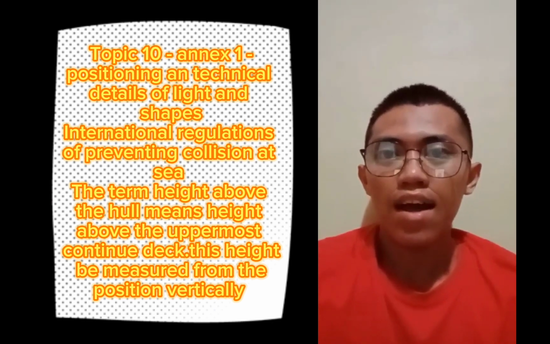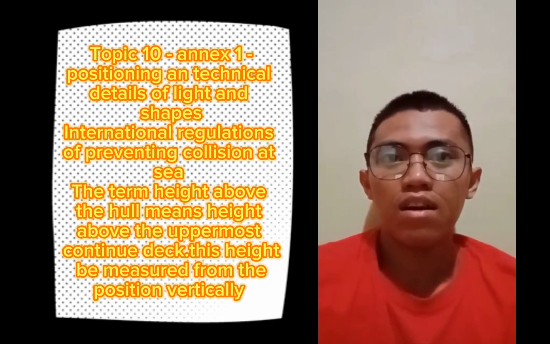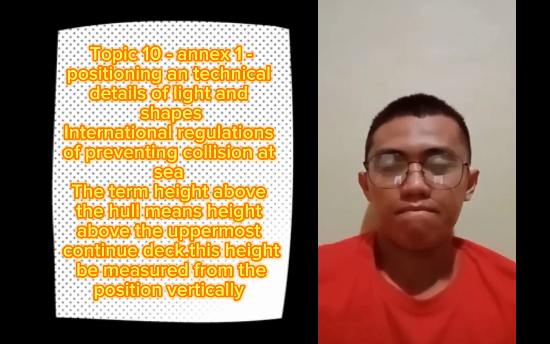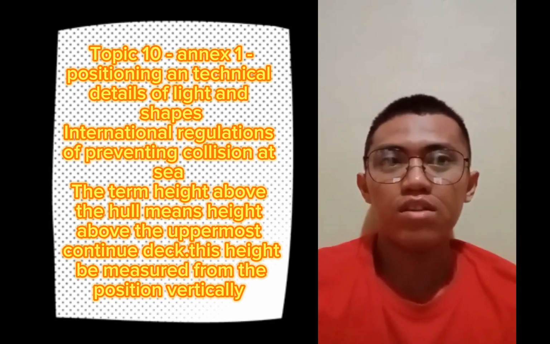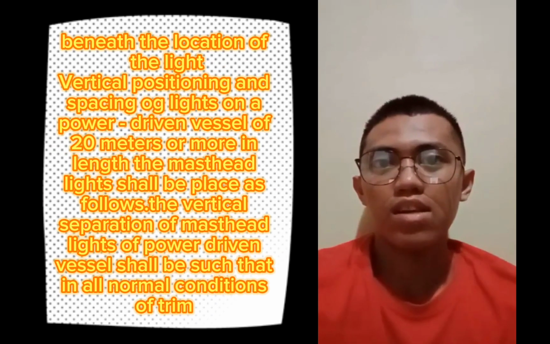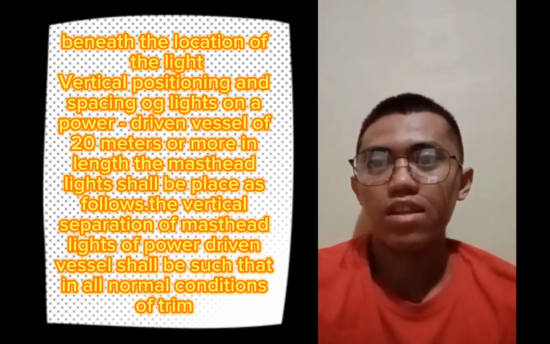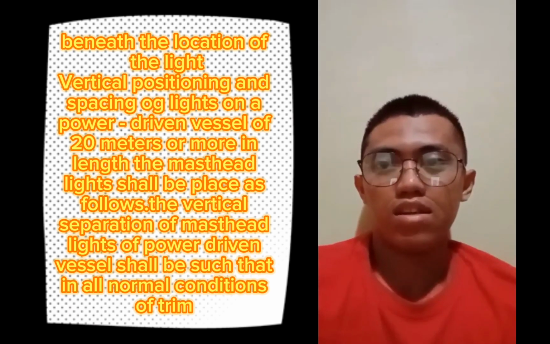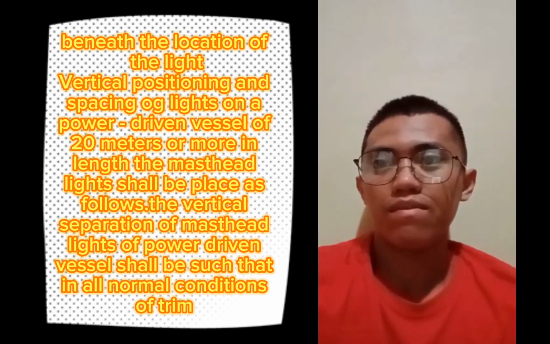The term height above the hull means height above the uppermost continuous deck. This height is measured from the position vertically beneath the location of the light. Vertical position and spacing of lights on a power-driven vessel of 20 meters or more in length: the masthead lights shall be placed as follows.